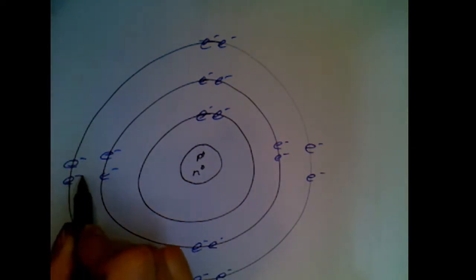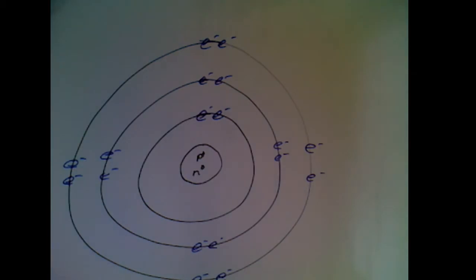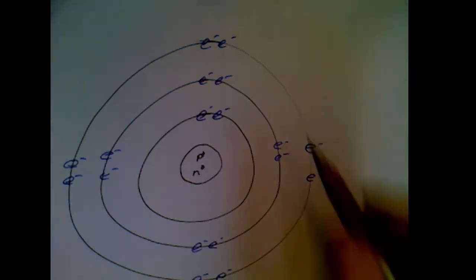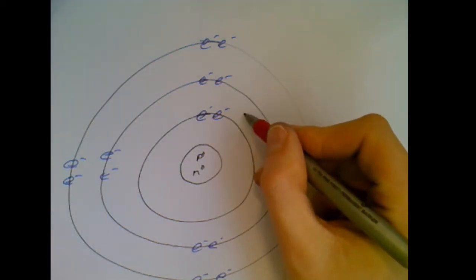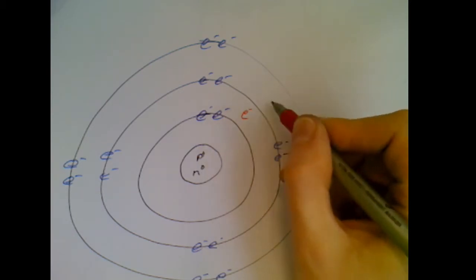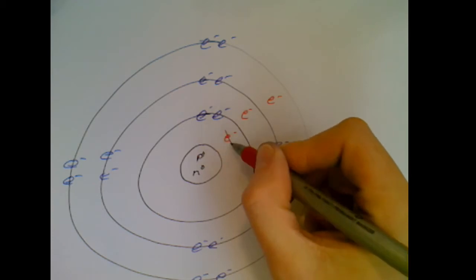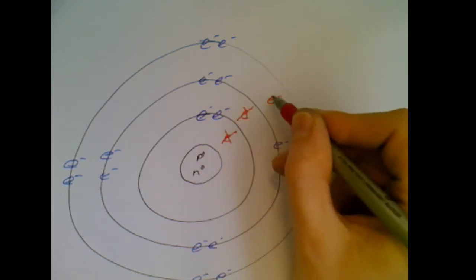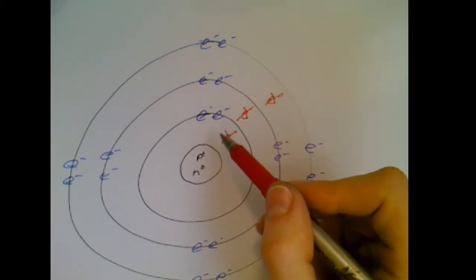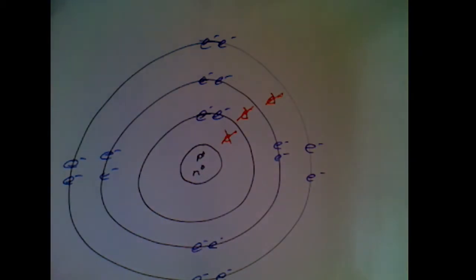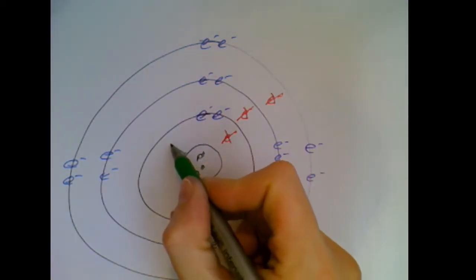Now, when we say quantum, what we're really saying is that electrons have to be on the line. Electrons are not allowed to exist past or inside of the line. They cannot be found there. They can only be found at specific energies. And when we say energy, basically what we're talking about is a distance from the nucleus.